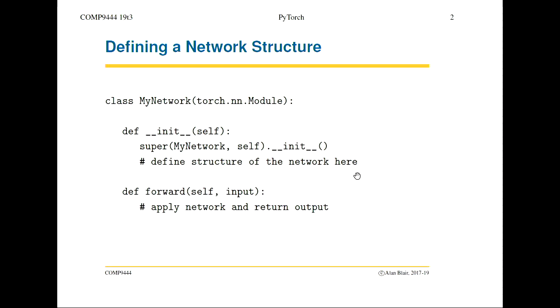Normally a series of layers, a linear layer, and then the activation function, and then you may have max pooling or batch normalization. You just fit all of these things in to define the structure of the network, and then you have a forward pass, so that tells you what to do when the network is applied to some input.